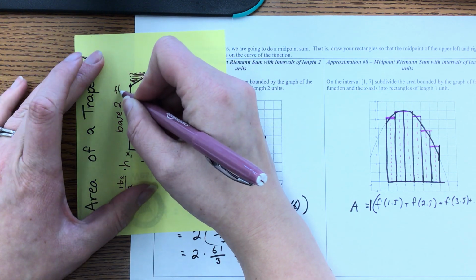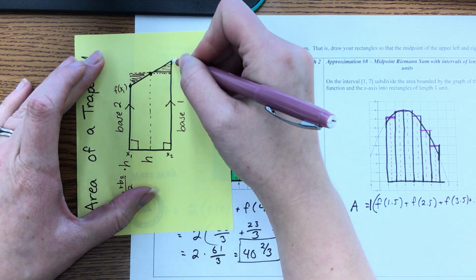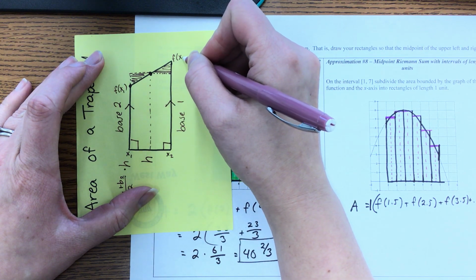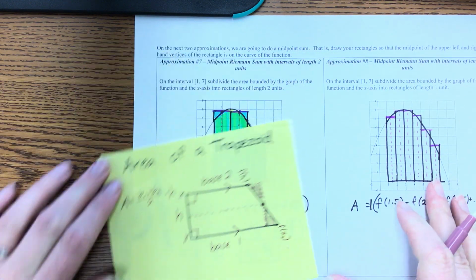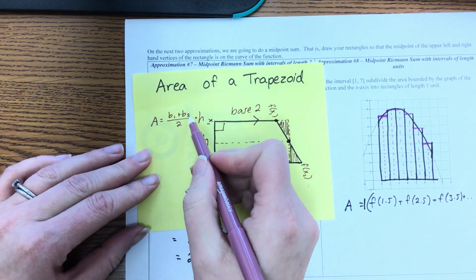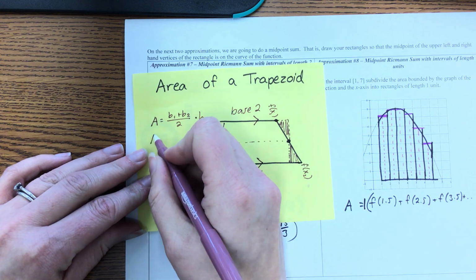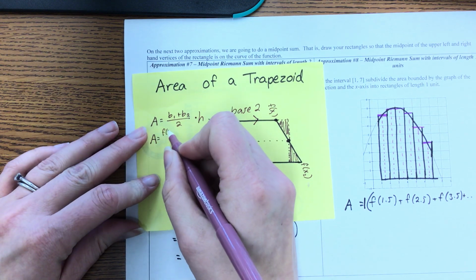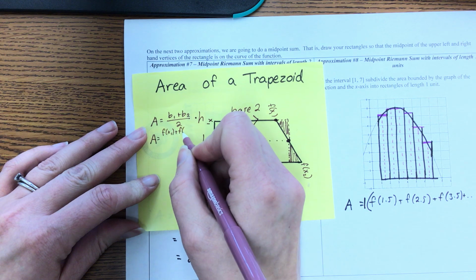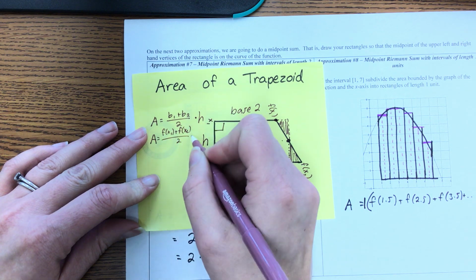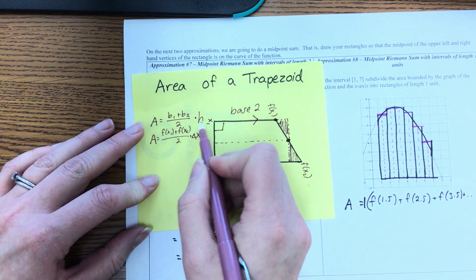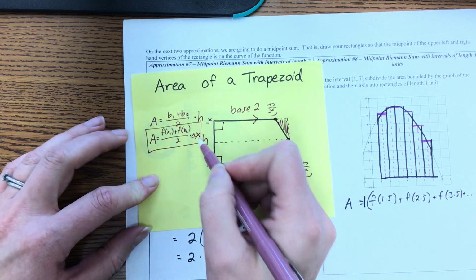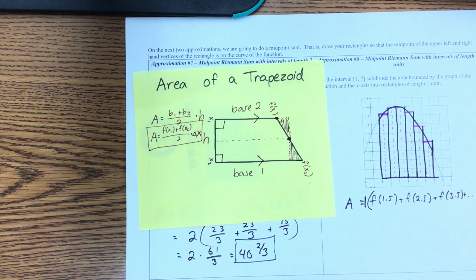So this is going to be like f of x1, and this is f of x2. So we can rewrite that formula that we had. Instead of base 1 plus base 2 over 2, its area equals f of x1 plus f of x2 over 2 times the height, which is the change in x. How far apart are the x's, that distance?